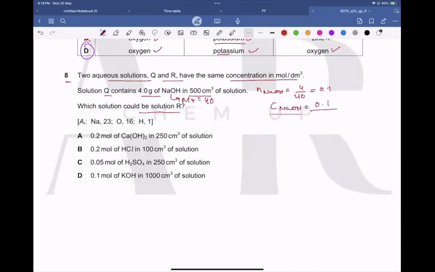So 0.1 divided by 500 divided by 1000 in order to convert it into decimeter cube. So it is going to be 0.2 mole per dm3, right? Now you have to find the concentration of all of them, and the one whose concentration is the same is the correct answer.